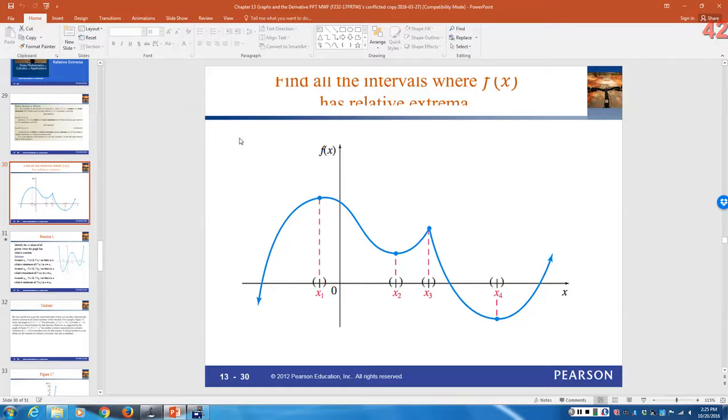Find all the intervals where this function has relative extrema, meaning maximums or minimums. Well, on the interval from negative infinity to x sub 1, do we have a relative maximum? Where is it?